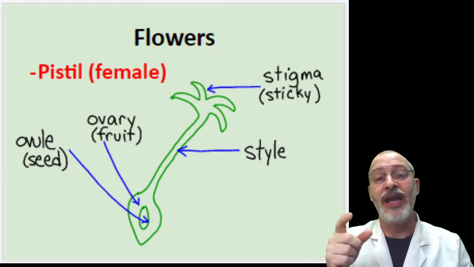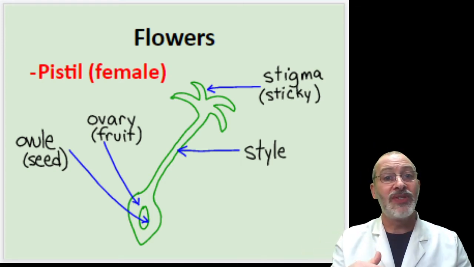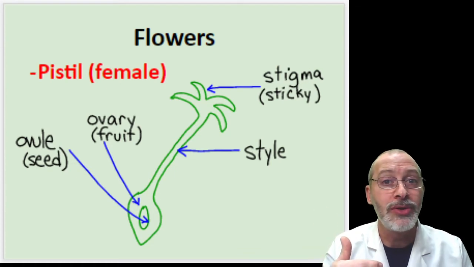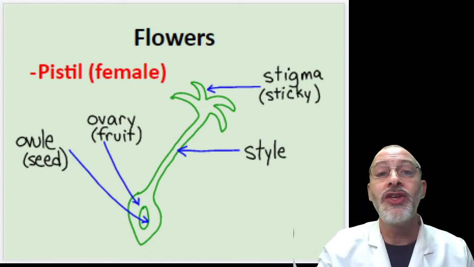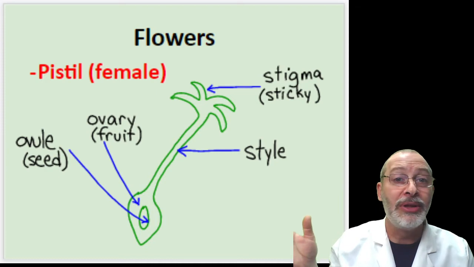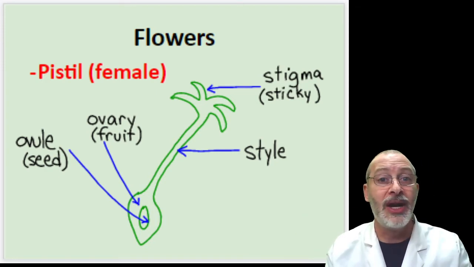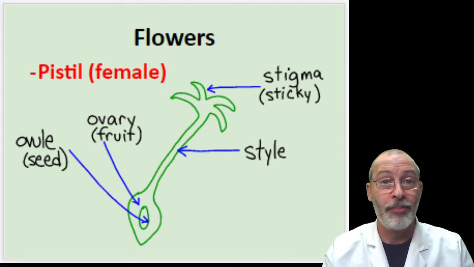Some plants can actually self-pollinate, or pollinate themselves from the male to the female parts of their own flowers, whereas other varieties or species have to be cross-pollinated, or the pollen from one plant has to be deposited on the female part of another plant.